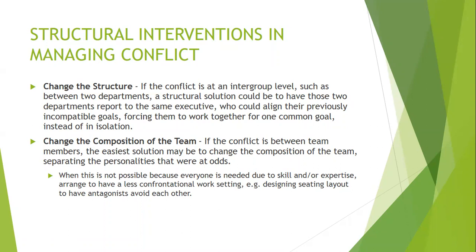And this person now could then align the goals of each department that might be incompatible with each other. It can be aligned to the company's goals now, bringing some sense of standardization and uniformity between them, thus forcing them to work together for one common goal instead of in isolation or separate and apart and independent from each other. So this is one possible solution.